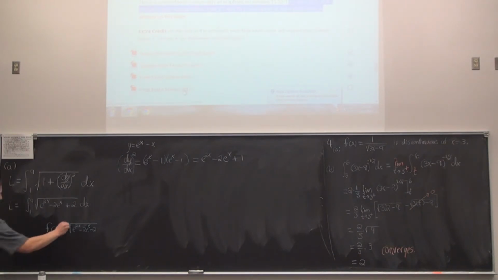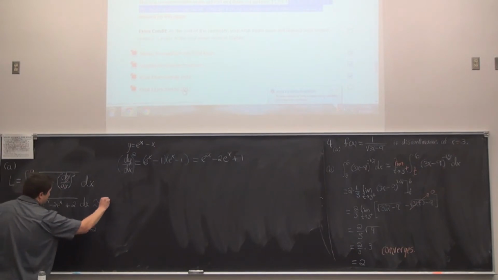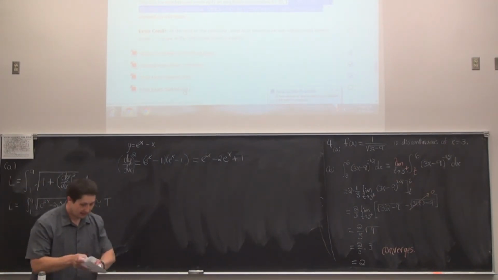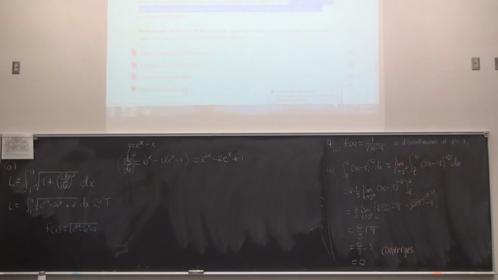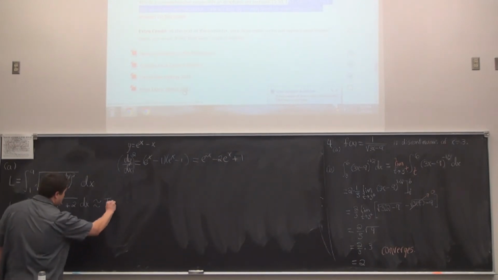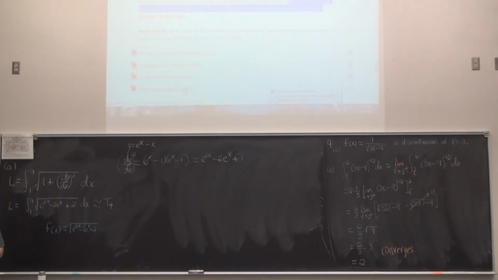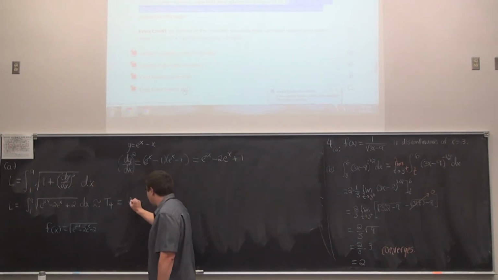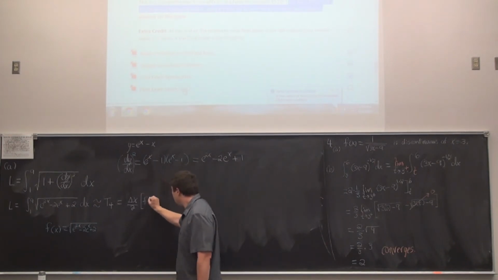So next, we're using the trapezoid rule. So this is approximately equal to T, was it 4? I forgot. Oh dear. I'll just grab another one. This one was trapezoid rule with n is 4. So let's say it's approximately equal to T4 itself. But that's going to be equal to delta x divided by 2 multiplying f at x naught.